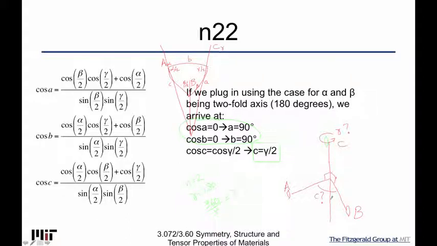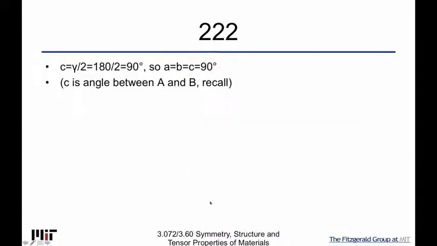That's my n equals 2. And what it tells me is that this is going to be 90 degrees. So I end up with Cartesian axes, right? And you can see that done out in a complete way in the next view graph. So I'm going to look at the specific case now where I've said n equals 2.